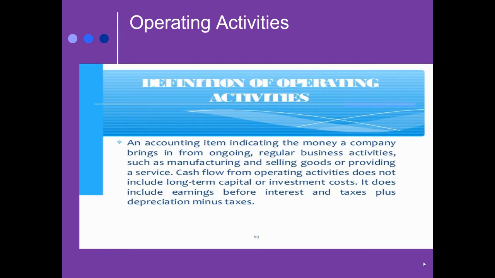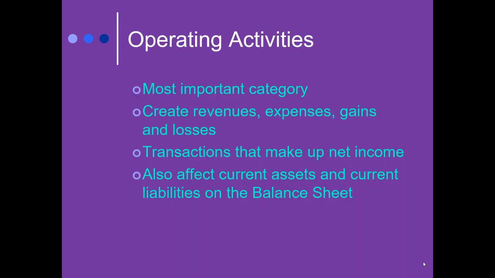In the operating activities, usually the cash flow reported is for activities under current assets and also current liabilities. The operating activities is the most important category. This is where you can see the creation of revenues, expenses, gains and losses.